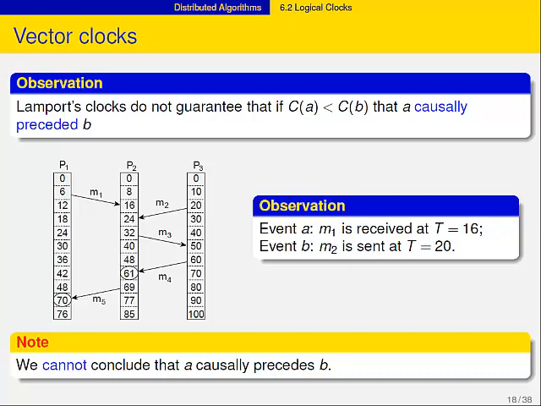Now, one very crucial observation, and I've asked this a couple of times during exams, is that Lamport will provide you a consistent timestamping, but it will not say anything about causality. So if you have this relationship, namely the timestamp associated with event A is less than the timestamp associated with another event B, this does not mean that B was causally caused by A. Okay?